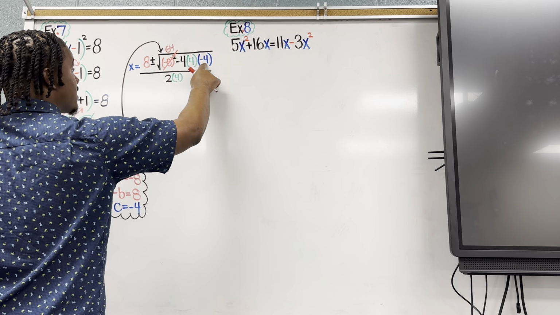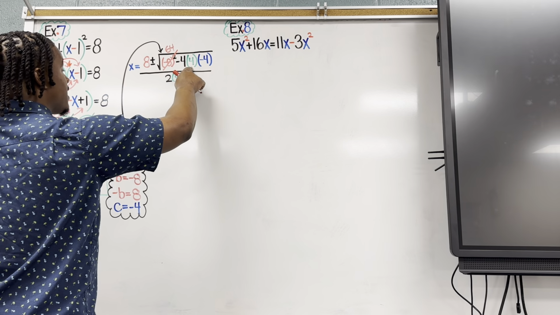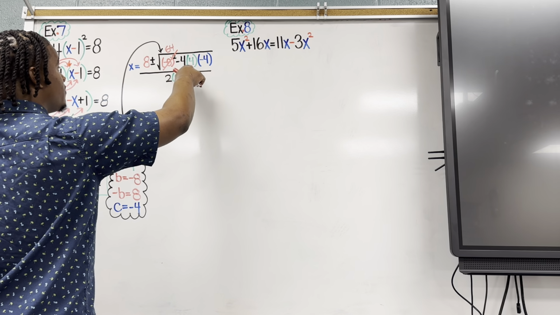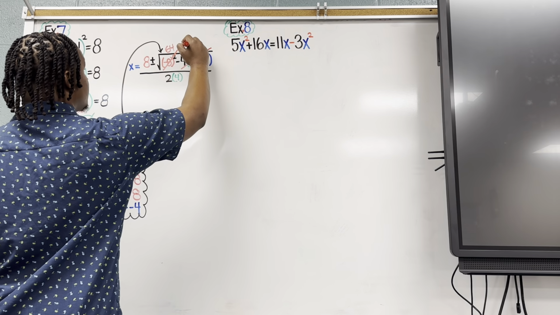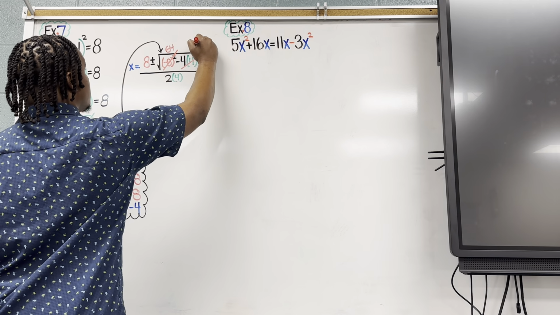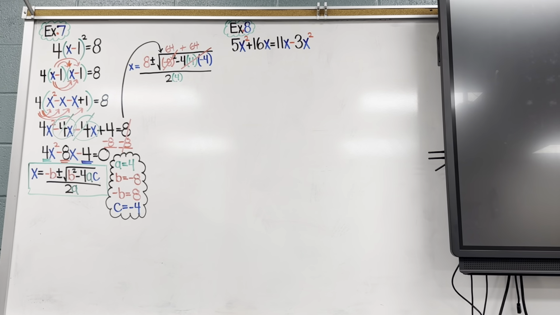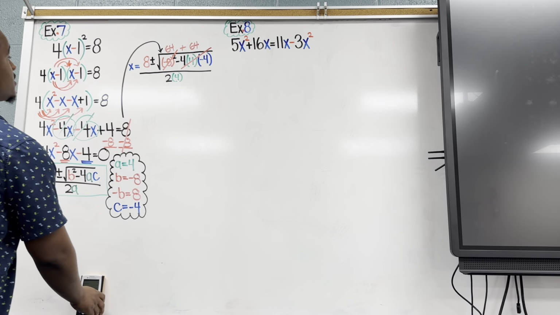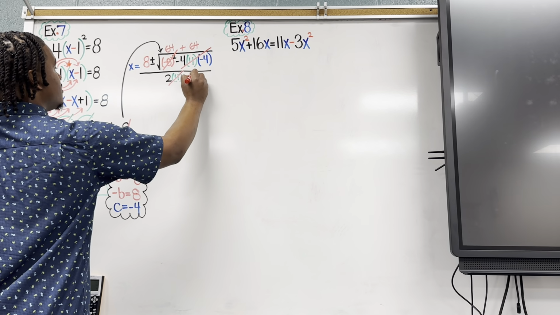So negative 4 times negative 4 is a positive 16, and positive 16 times positive 4 will be a positive 64. So there'll be 64 plus 64 inside. And here, 2 times 4 is 8.